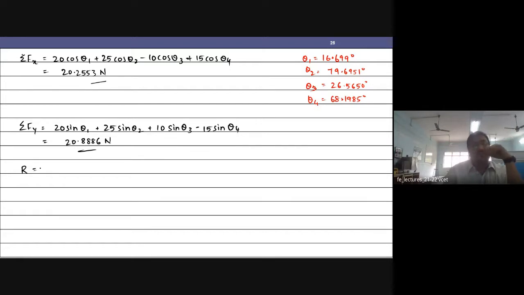So now I can find out the magnitude of the resultant, R equal to under the root of sigma Fx square plus sigma Fy square, under the root 20.2553 square plus 20.8886 square.